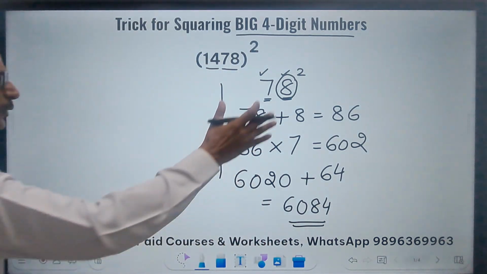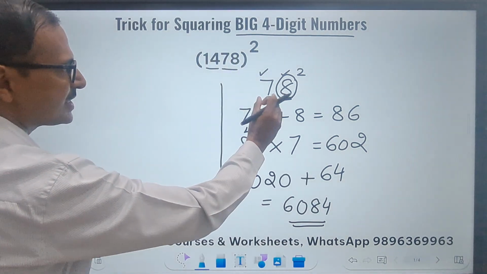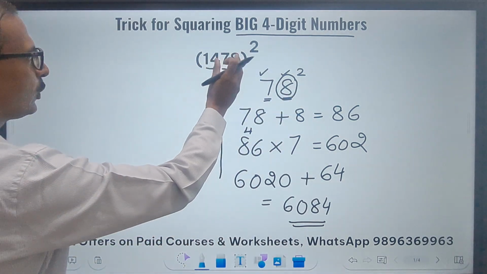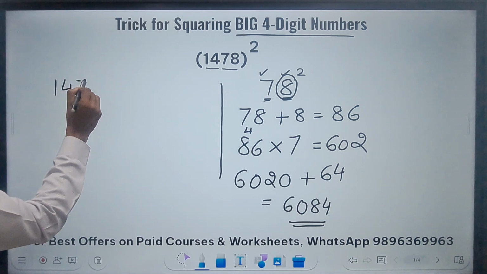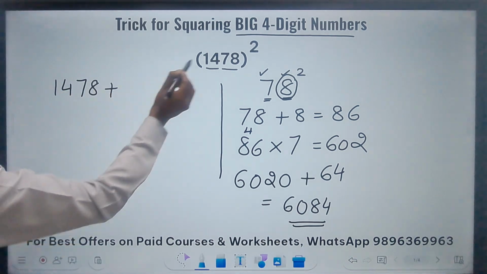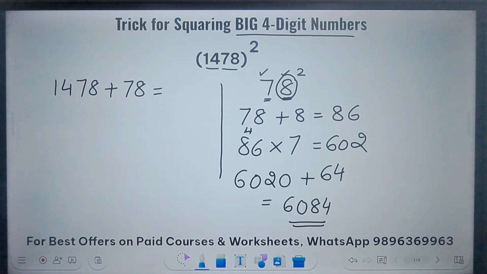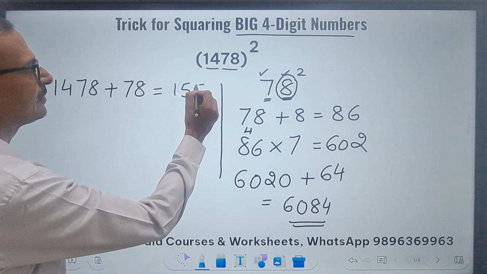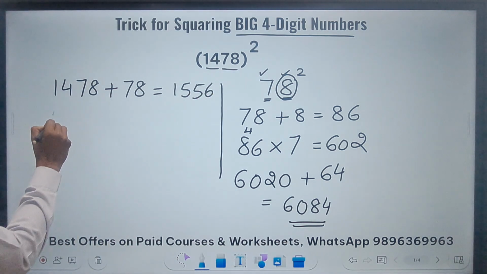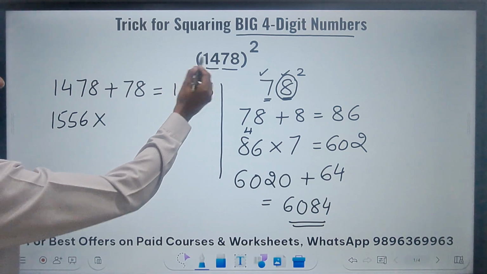Now we are going to apply the same trick for 14 and 78. Just like 7 and 8, now we will apply 14 and 78. I will take the complete number 1478 and add 78 to this. I'll get my sum as 1556, and now 1556 has to be multiplied by the first doublet, that is 14.